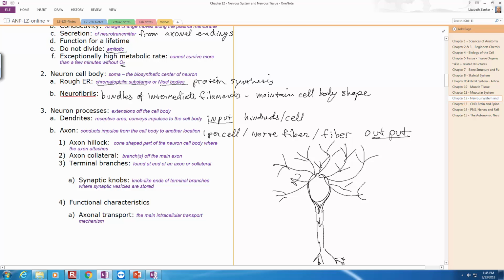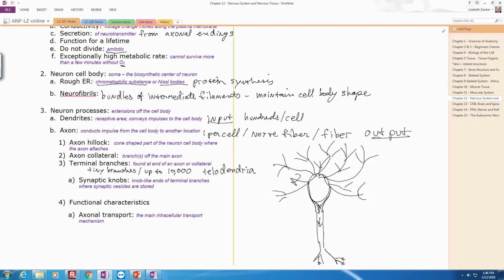So these are tiny branches and up to about 10,000 of them. And they can also be called telodendria. Telo means end or last, so that's just the same, the end of the axon, essentially.